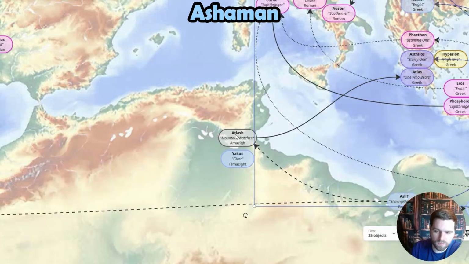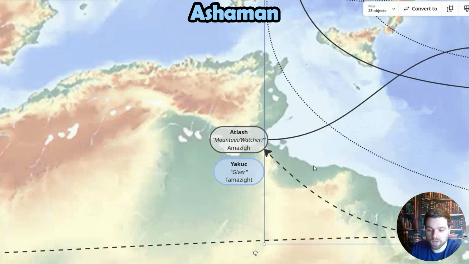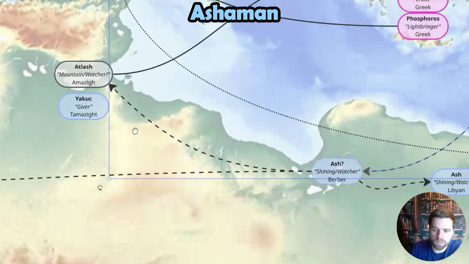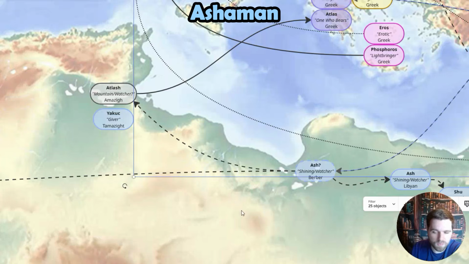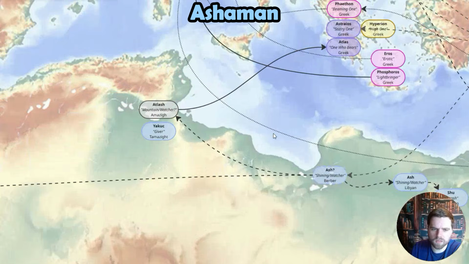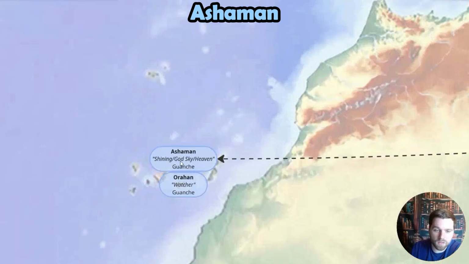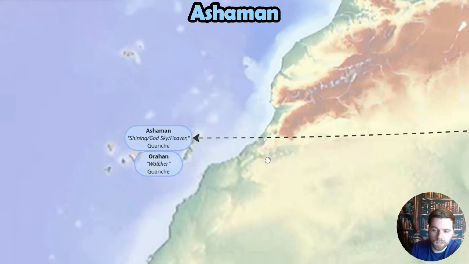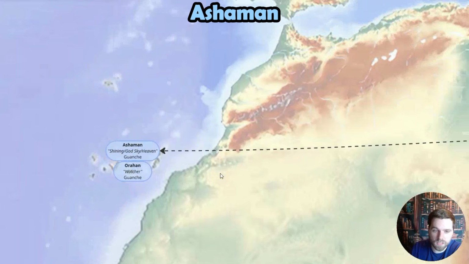Atlas is often referred to as like a mountain god or the word for the mountain itself, but that Ash word in there and being an important Berber deity according to the Egyptians implies that there might have been some commonality of the watcher on the mountain perhaps, or the watcher above. Ashaman or Akman is the high god of the Guanche, preserving that same linguistic and that same idea, and he's a heavenly sky god looking down, watching down upon all the people and providing for them when they need it.